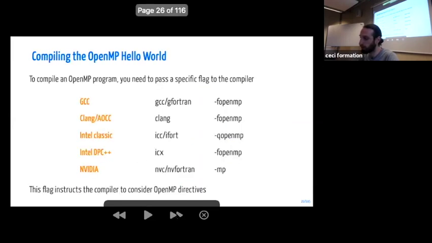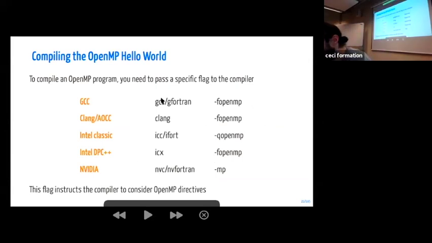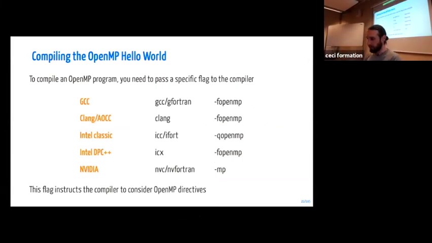Okay, and if we want to compile this code, we need to enable OpenMP, and for that we need to pass a specific flag. For most of the compilers, you pass -fopenmp. For GCC, Clang, as well as the new Intel compiler, this is the option.